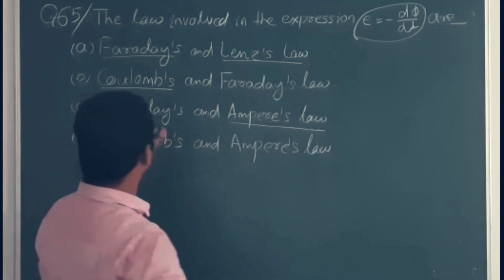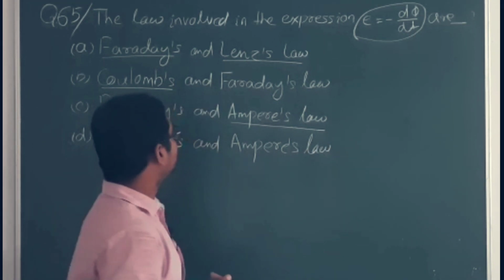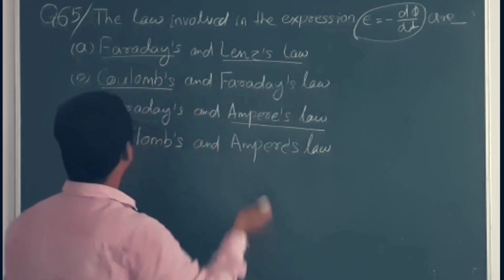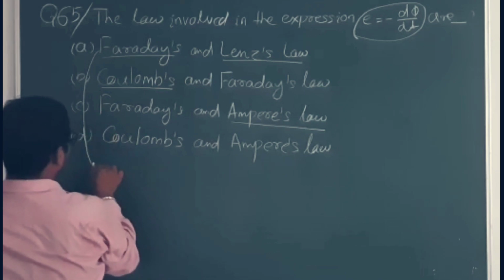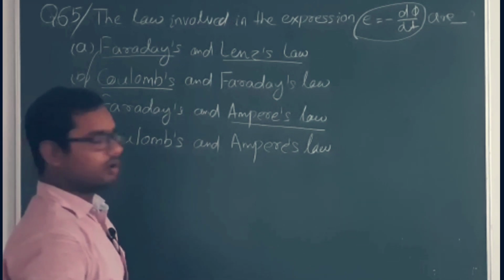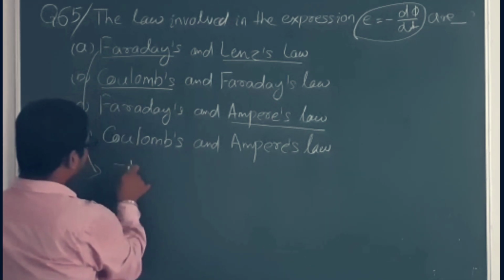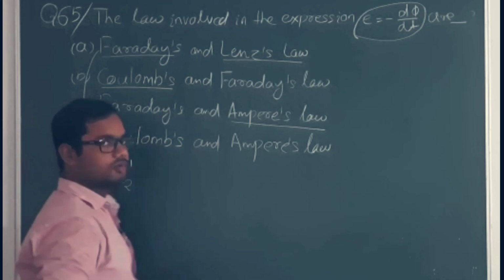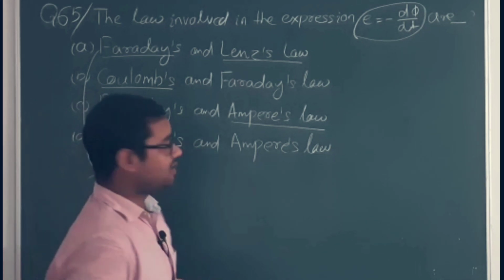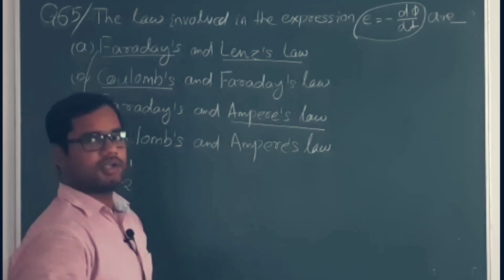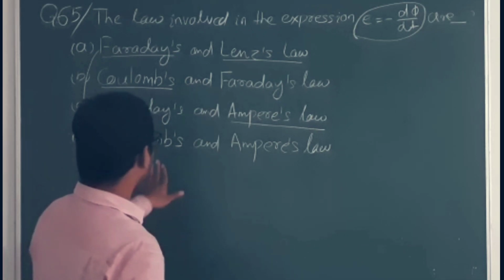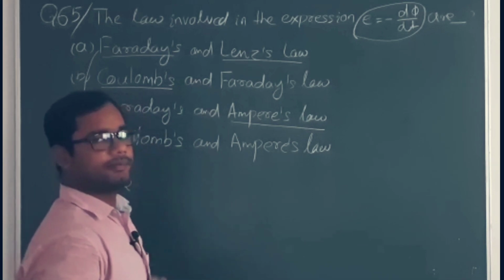Before going to the answer, I want to discuss what the laws are. So what is Faraday's law? Faraday has two laws, law number 1 and law number 2. The first law of Faraday says that whenever a change of magnetic flux occurs, then EMF will be induced.